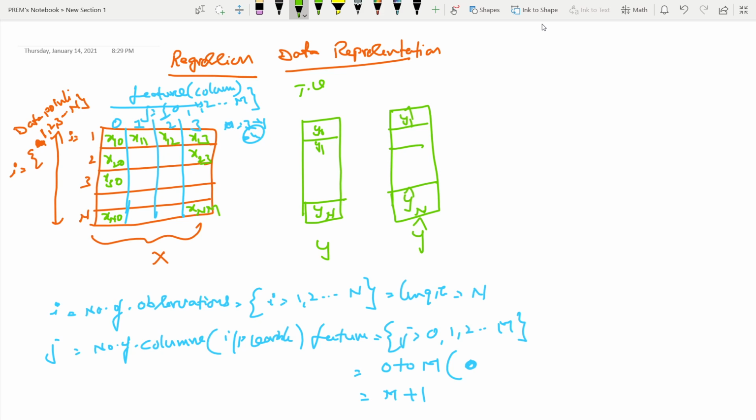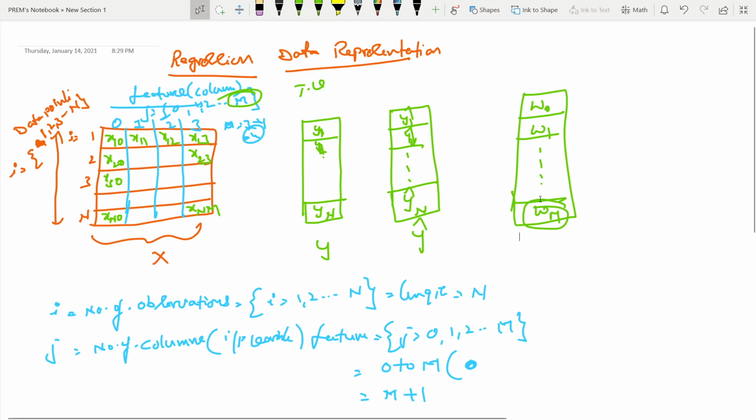This is y1 hat, y2 hat, like that. And now these are my coefficients, w0, w1 up to wm. So how many features are there? m features. That's why we have to take the m features.